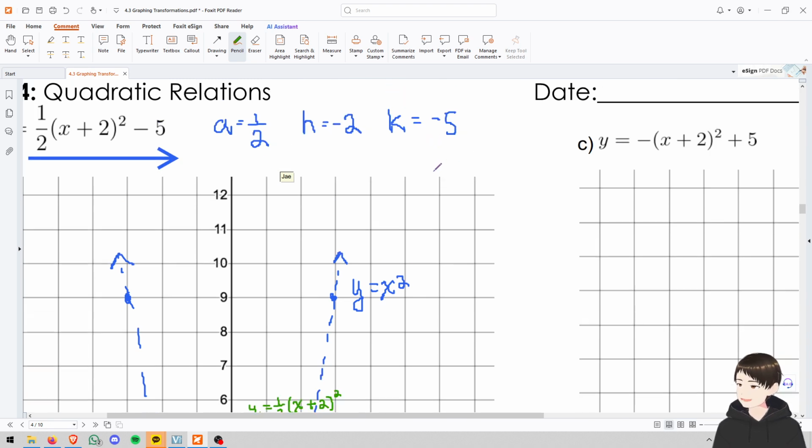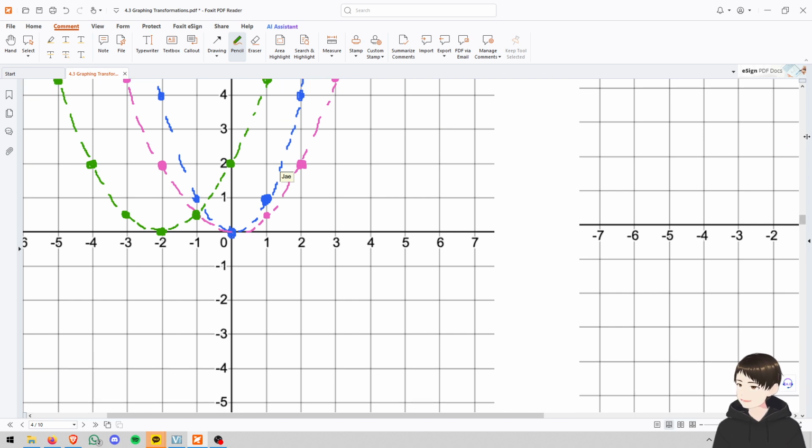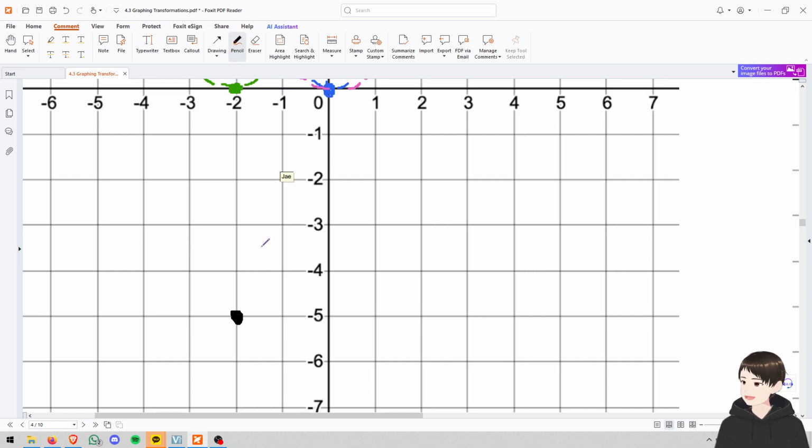Last number is the k. It's a -5, which means I am bringing it down, vertically shifted down by 5. My green vertex is 1, 2, 3, 4, 5. The 2 points become 1, 2, 3, 4, 5, and then 1, 2, 3, 4, 5. And then it used to be 4.5, so it's here and here.